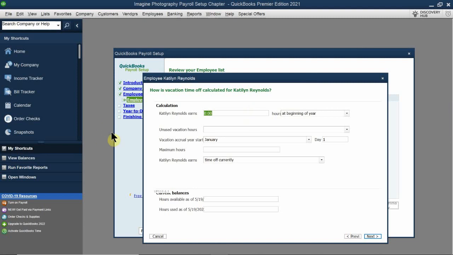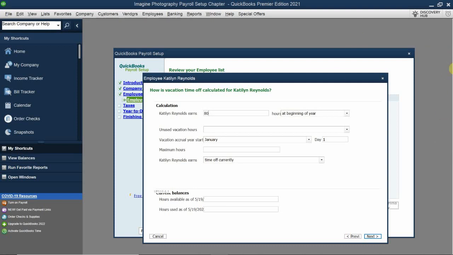In this case, since we offer all of our salaried workers PTO, this is where it's going to be different in the book than for this one. For your PTO, she has 80 hours that she can earn, and it's based on per year.